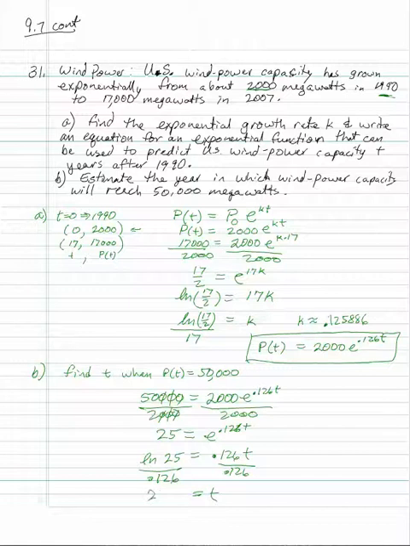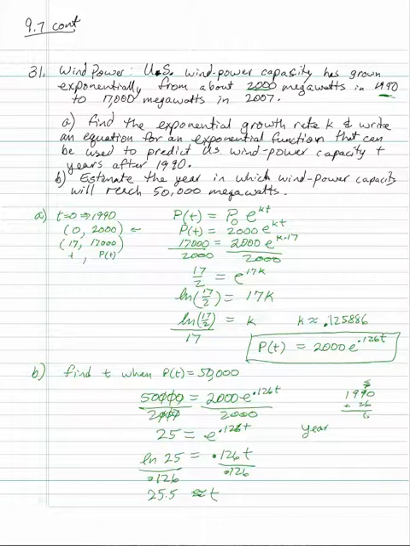We'll round it to one place, 25.5. And again, what year would that be? So let's see, we'll round that to 26 years, 1990 plus 26 years.